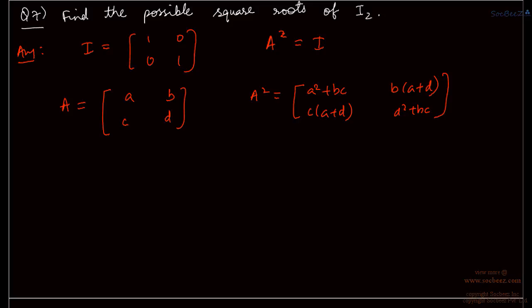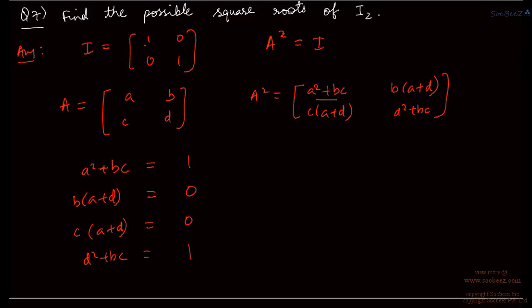Now I know that A square is nothing but I. So I write down my 4 equations. The first is a square plus bc is equal to 1. Similarly, b into a plus d is 0, so is c into a plus d, and finally d square plus bc is also equal to 1.